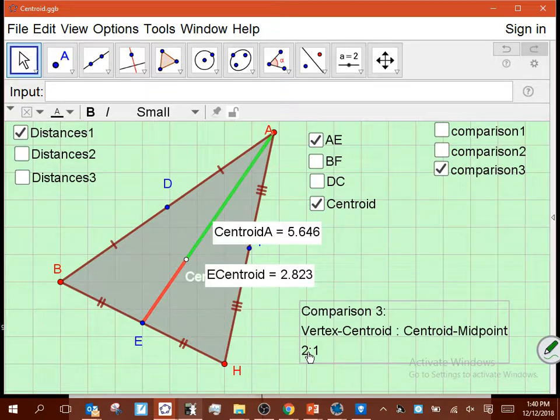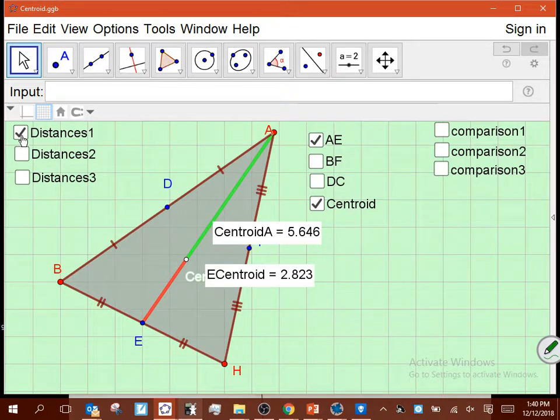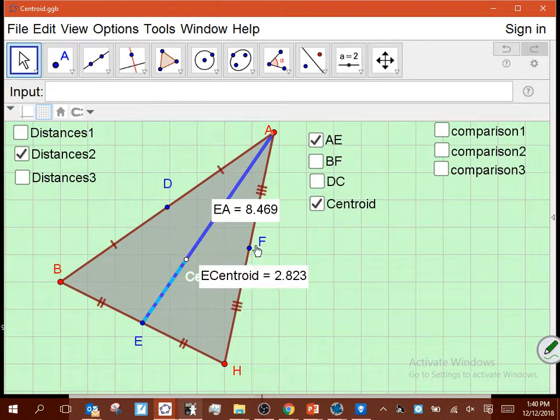Vertex to centroid is always twice as big as the centroid to midpoint. So I've got that in the right order, 2-to-1. If I compared centroid to midpoint with vertex to centroid, it'd be a 1-to-2 comparison. Does that make sense? So when you do a comparison, the order does have some importance.